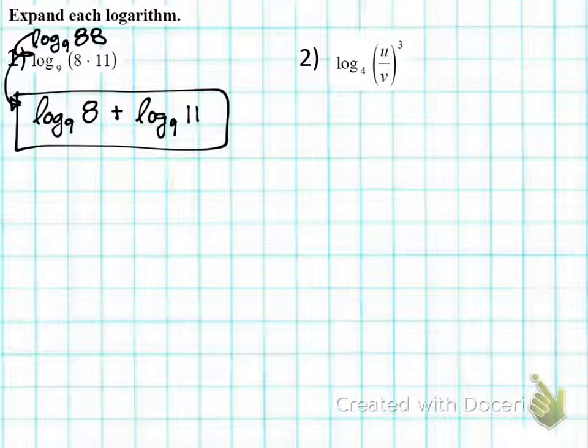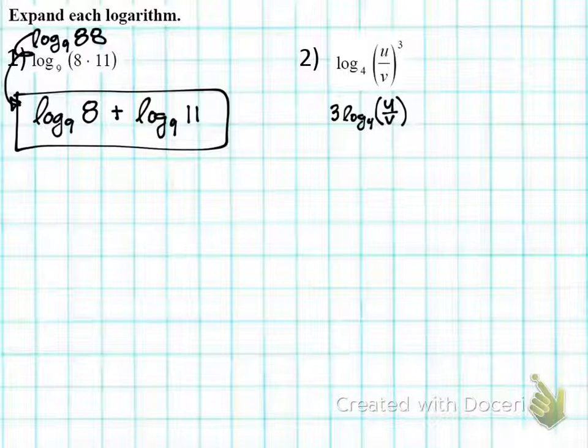I'm noticing we have a division sign inside the parentheses, and then we have a power of 3. So we're going to use both the power property and the quotient property. Let's apply the power property first. I'm going to bring the 3 to the front. So we're going to have 3 log base 4 of u over v. That's the first step. Then I'm going to apply the quotient property.